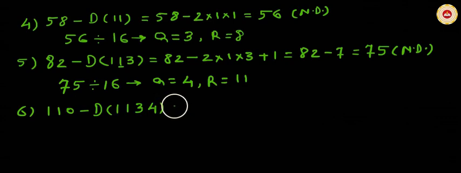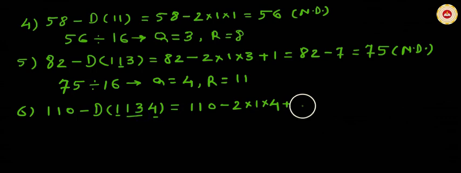Which gives us 110 minus 2 times the product of the two end digits, 1 cross 4, plus 2 times the product of these two inner digits, 1 and 3.